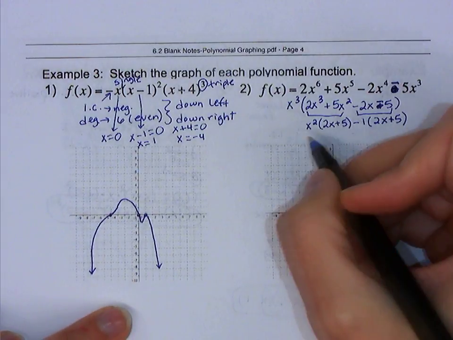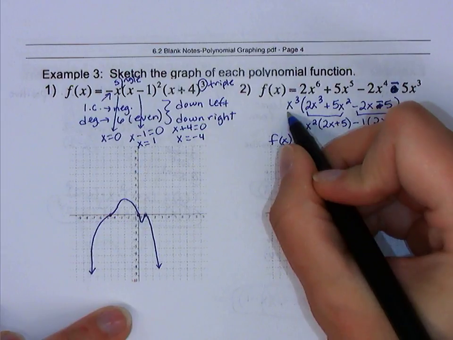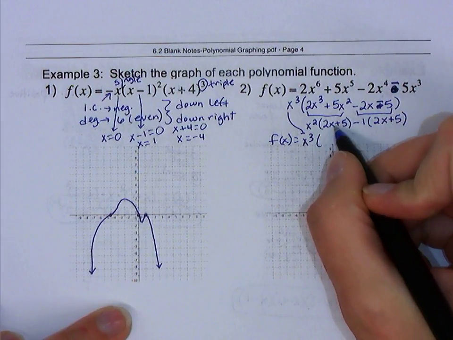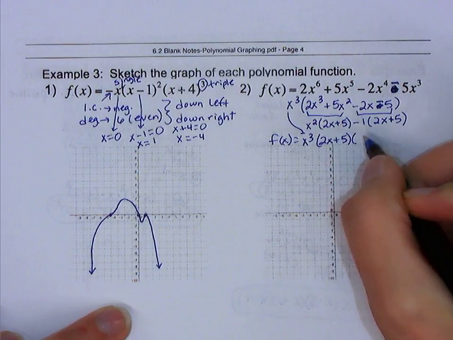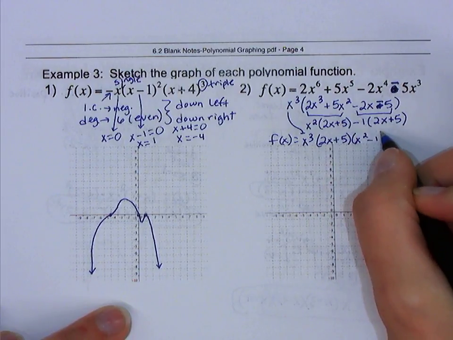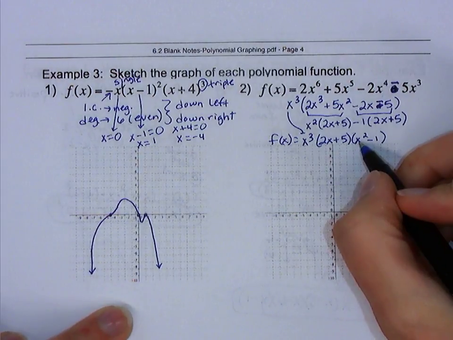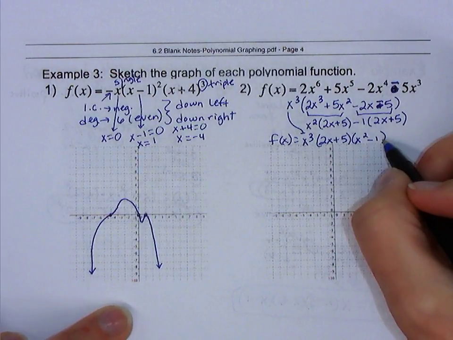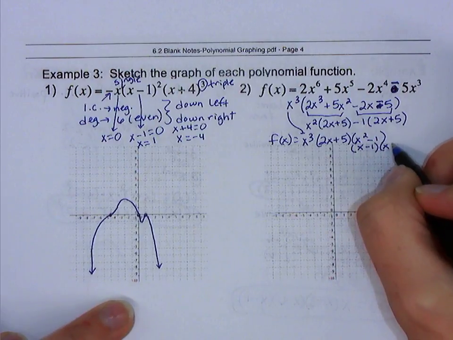So then when you factor all the way, it'd be f of x equals, don't lose your x cubed, and then you have 2x plus 5, and you have x squared minus 1. Okay? And actually, this x squared minus 1 will factor again. It'll be x minus 1, x plus 1.